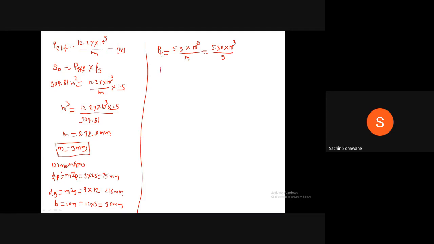What is the value of Pt? It is 1.76 into 10 raised to 3.